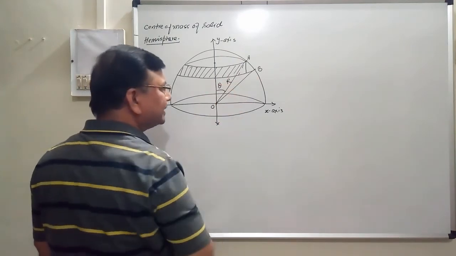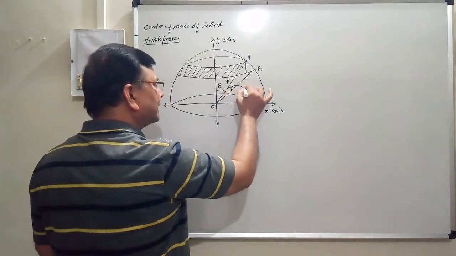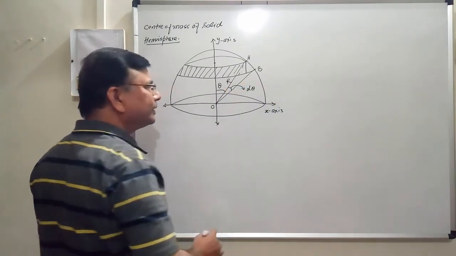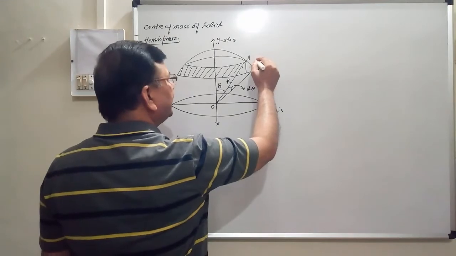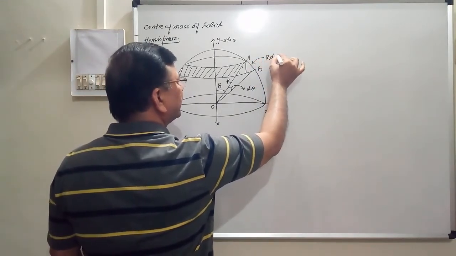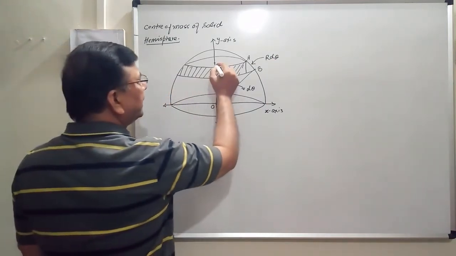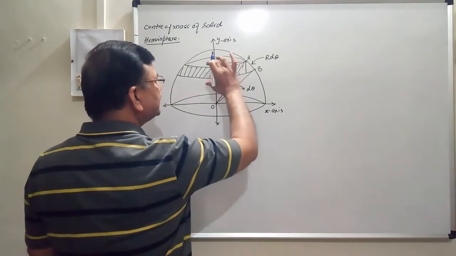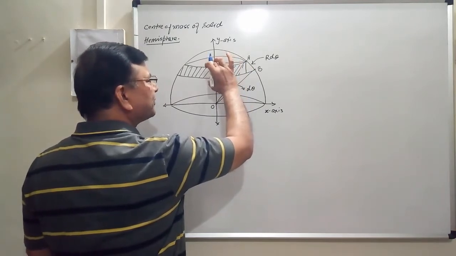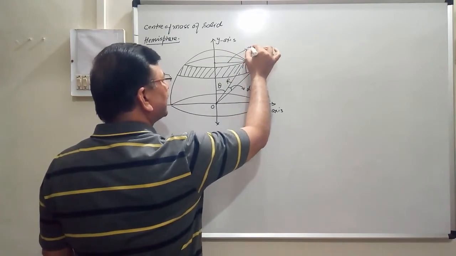This makes an angle theta with the y-axis, and this angle is d theta. So we know AB is r d theta. And the radius of this disk, since the elementary thickness is very less, suppose it is r1.